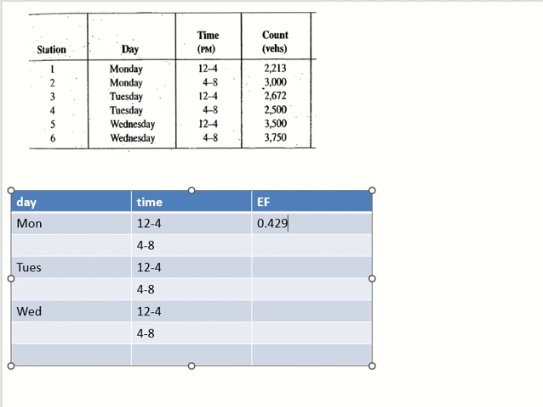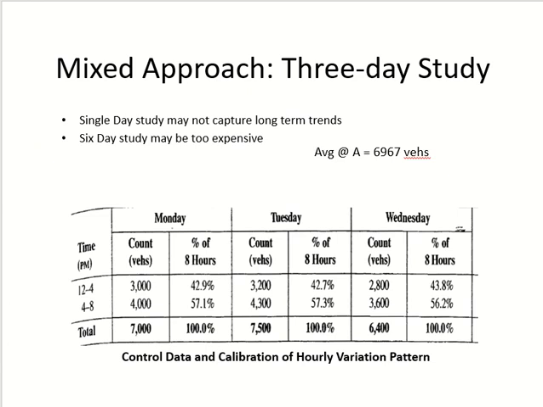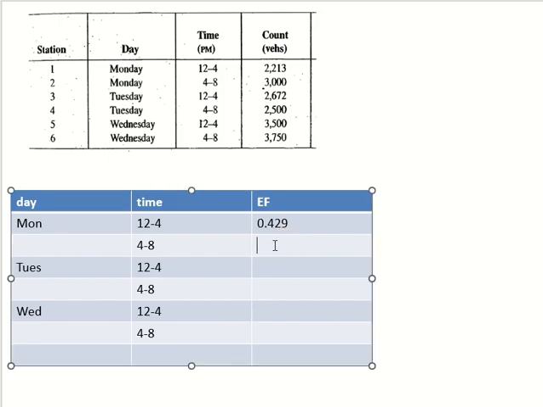Okay, it was 42.9%, right? So in points, 0.429. Clear? Okay. Similarly, 57.1 will become 0.571. What is the next value? 0.4. 0.4 to what? It's not here, it's in the slides.